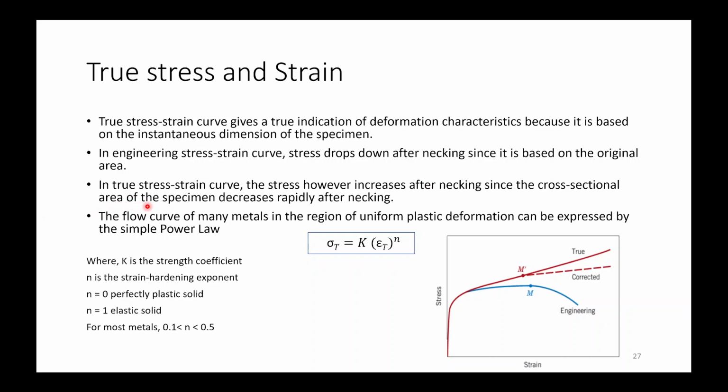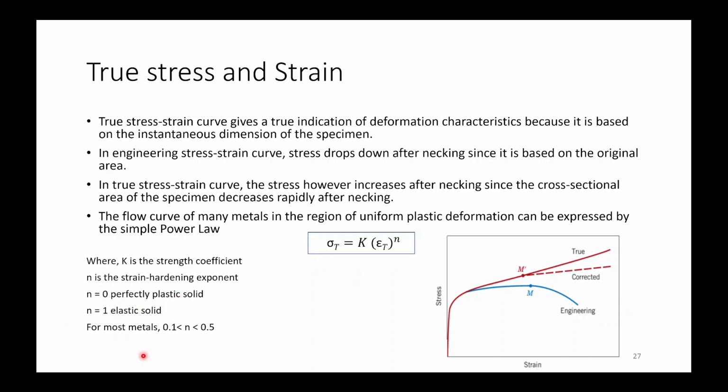The flow curve of many metals in the region of uniform plastic deformation can be expressed by the simple power law: sigma equals K times epsilon to the power n. K is the strength coefficient and n is the strain hardening exponent. n equals 0 is for perfectly plastic solids, and n equals 1 for elastic solids.